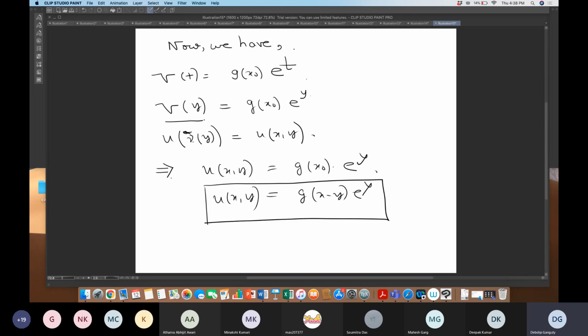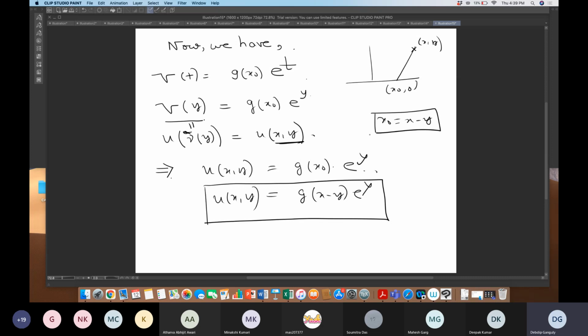It is u of gamma y, and gamma y is nothing but the point xy. So u of xy equals g of x naught e to the power y, right? And you know how to prove that x naught. Again you can do it for any xy. This is x naught comma 0, and you reach the point xy. It's the same calculations. If you do that, you will get x naught equal to x minus y.